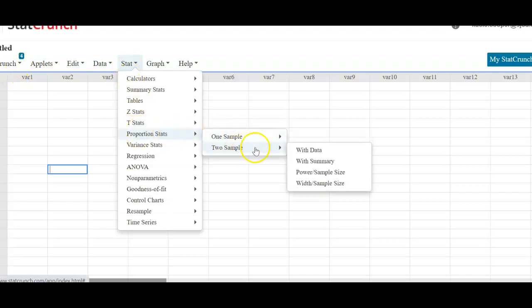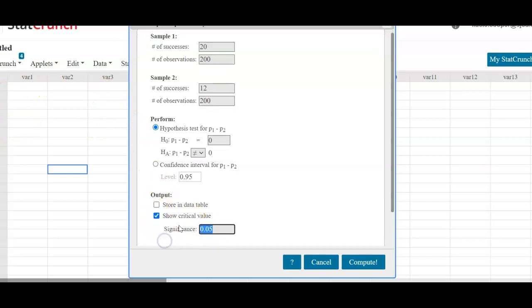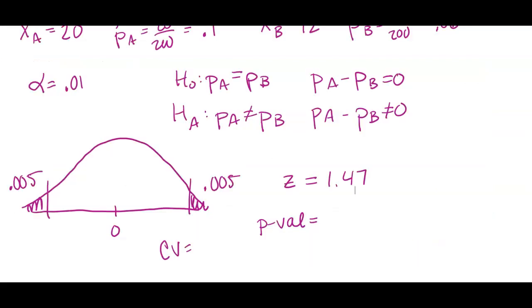Let me do this again. There we go. I need to change that significance right there. Compute. Okay, critical 2.58. 2.575 is that critical Z, plus or minus 2.575.